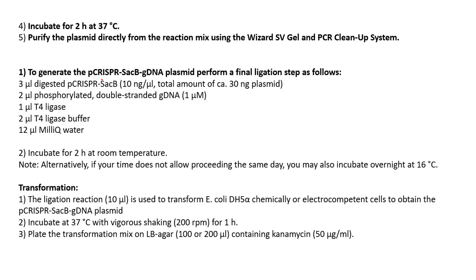What you have to do right now is take this product, the cleaved pre-CRISPR-SEC, which is the digested pre-CRISPR-SEC, and take your phosphorylated double-stranded gDNA. Add the ligase in the ligase buffer, incubate for 2 hours at room temperature, and then you have the pre-CRISPR-SEC gDNA plasmid ready.